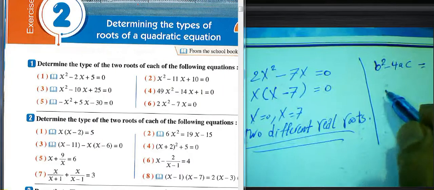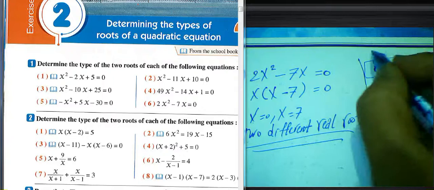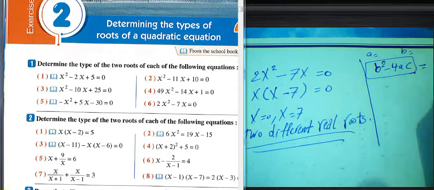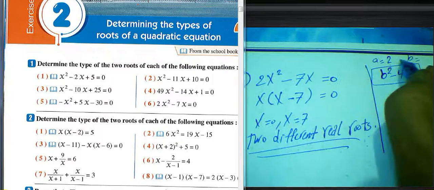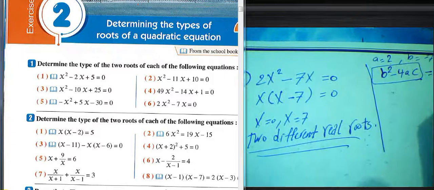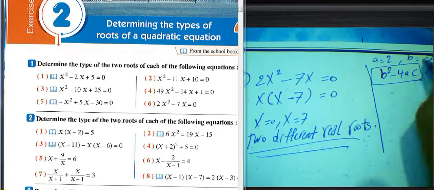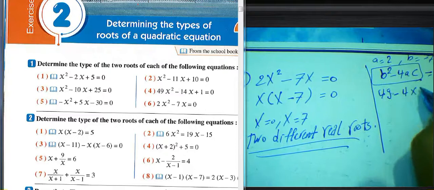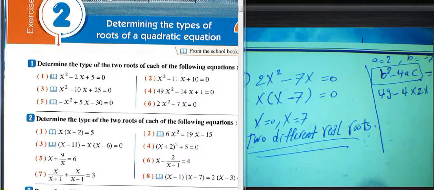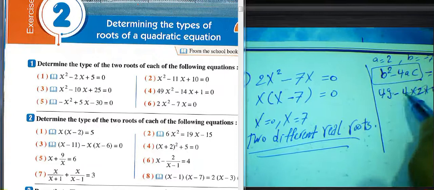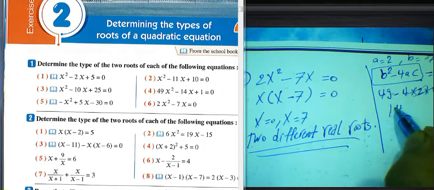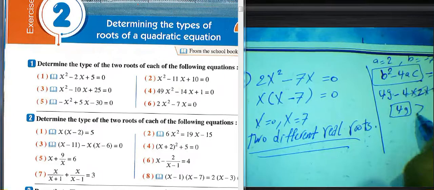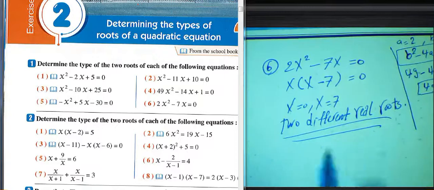Look with me, a and b and c. a equals 2, b equals negative 7, and c equals 0. b power 2 equals 49, subtract 4 multiply a multiply c, the result will be 49. 49 is more than 0, so we have two different real roots.